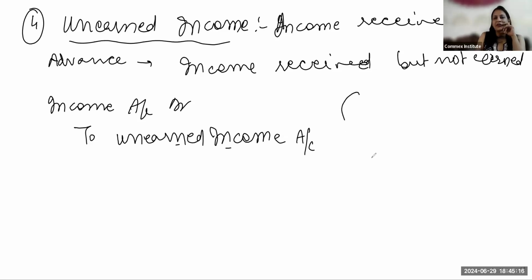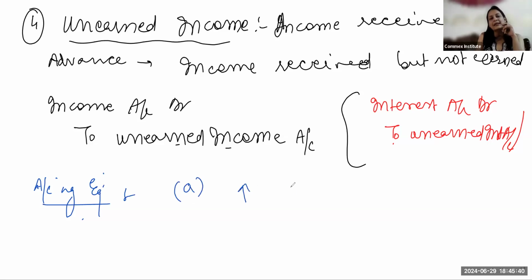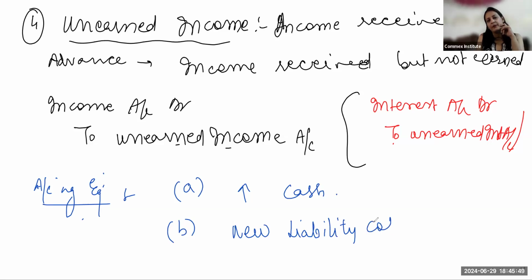If I'm talking about unearned interest, then it will be interest account debit to unearned interest. And as for the accounting equation treatment, first, increase cash because we have received it, and second, a new liability column to be created. Yes, Akriti, understood? Yes, ma'am.